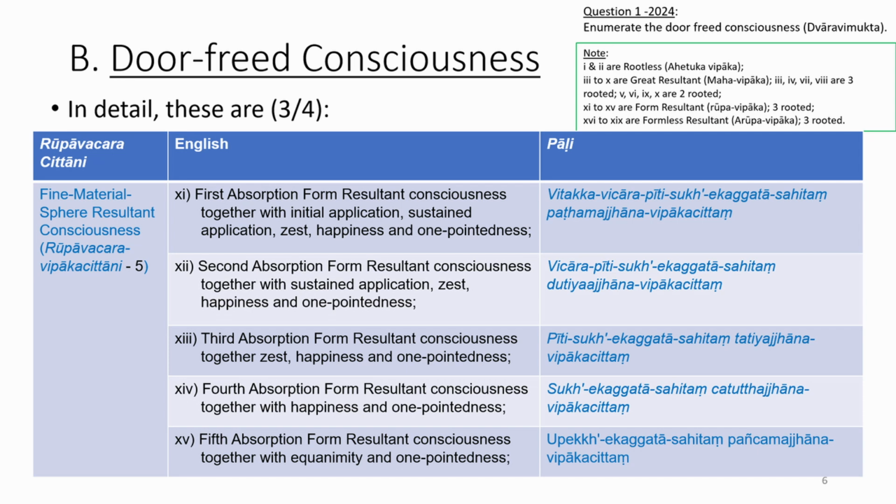Then 13 is the third absorption form resultant consciousness together with zest, happiness, and one-pointedness. 14 is the fourth absorption form resultant consciousness together with happiness and one-pointedness. 15 is the fifth absorption form resultant consciousness together with equanimity and one-pointedness. So 11 to 15 are the form resultant, or the rupa vipaka, and these are all three-rooted.